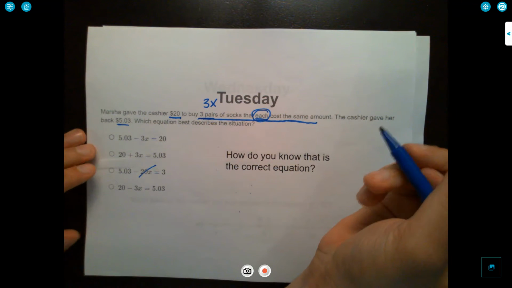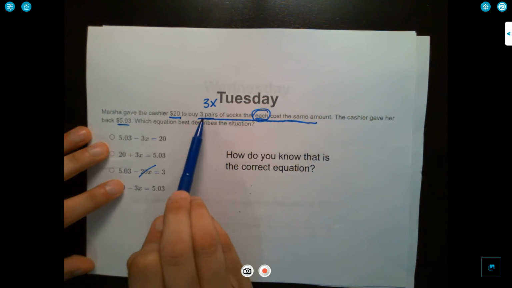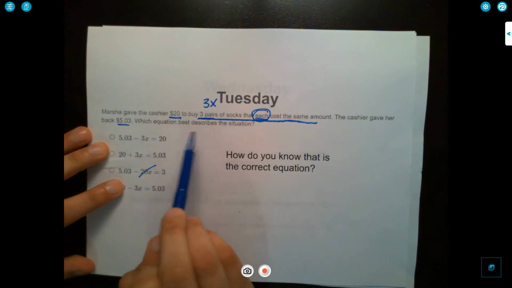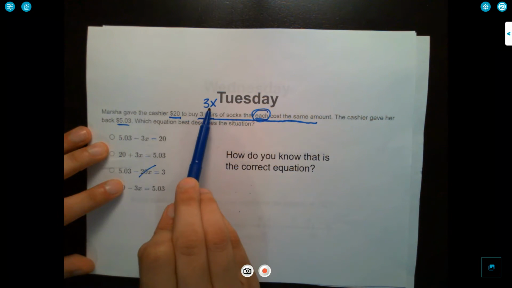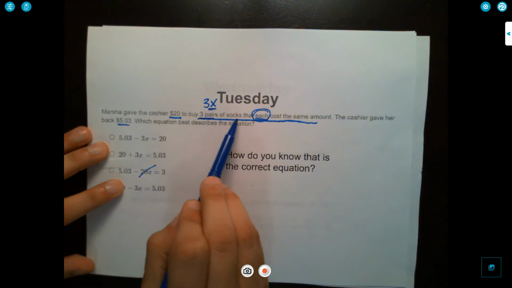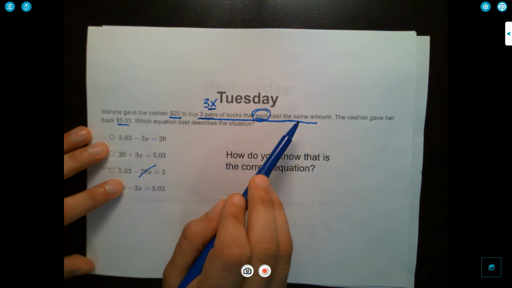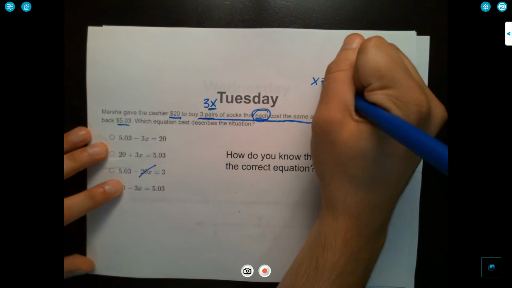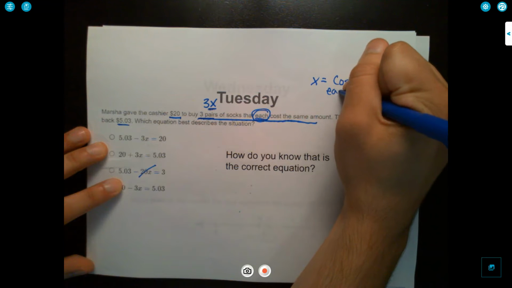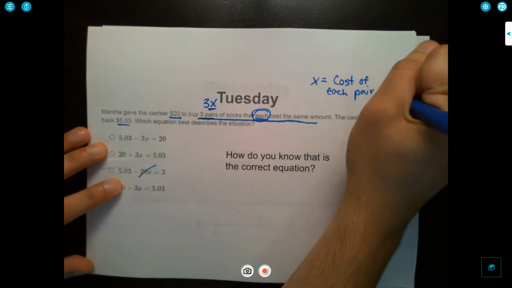Well, first let's find out what x equals. So 3 pairs of socks that each cost the same amount. They don't explicitly tell us what the variable x stands for, but based on this, we can say that x equals the cost of each pair of socks.